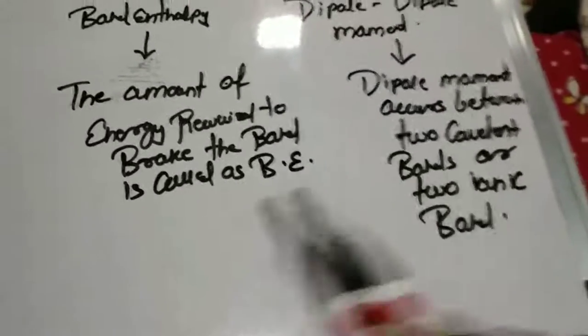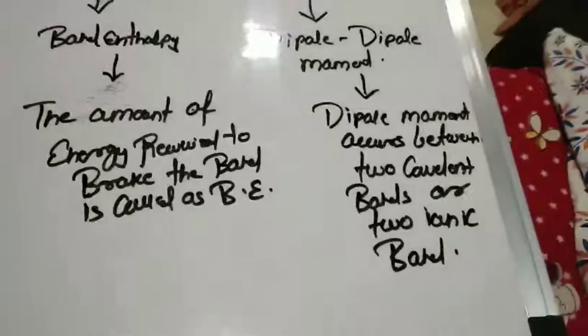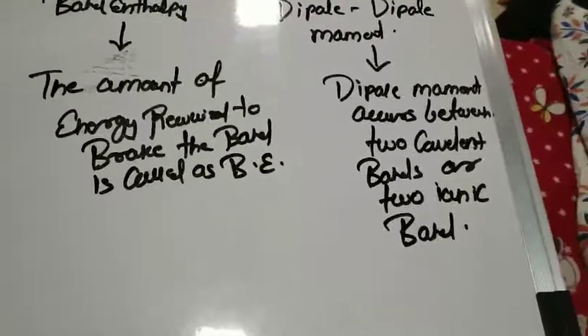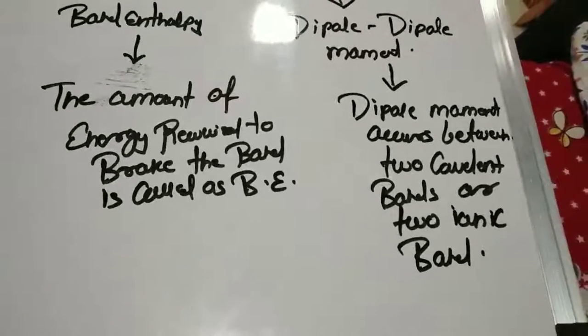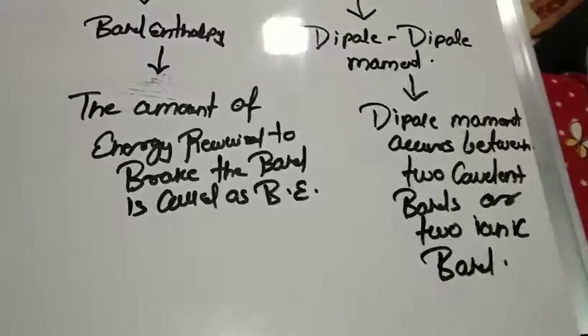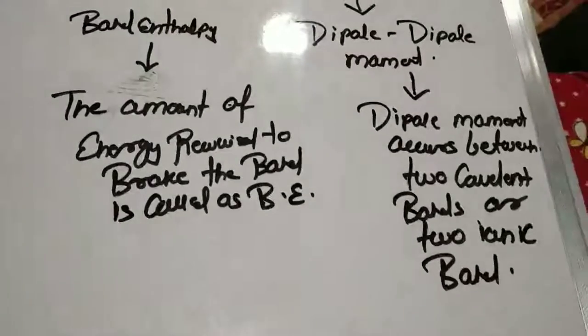So you have to remember this. Now why does this dipole moment occur? It occurs due to the difference in electronegativity. As I told you, dipole occurs because there is a difference in the electronegativity between the two atoms, right?